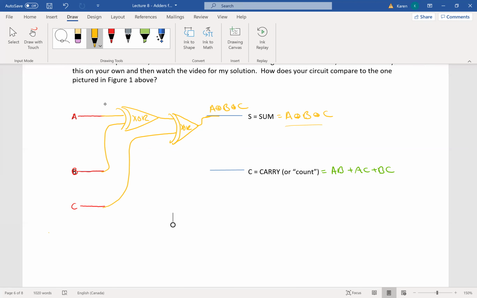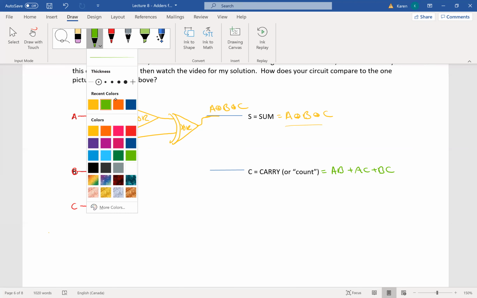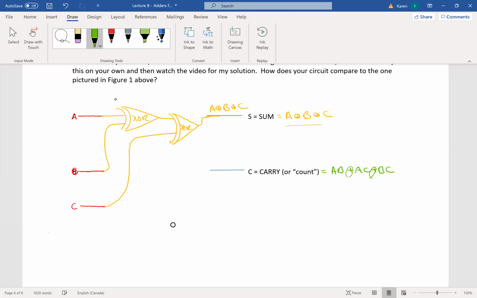And carry is going to have 1, 2 OR gates, 1, 2, 3 AND gates, isn't it? So it's going to have 3 AND gates.